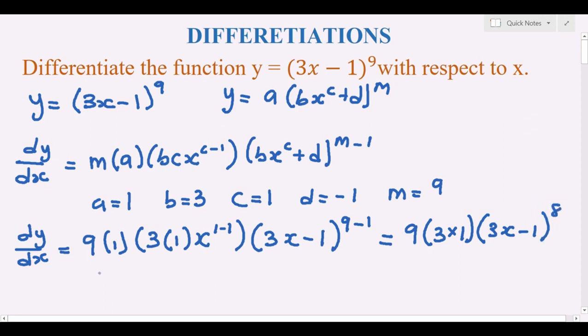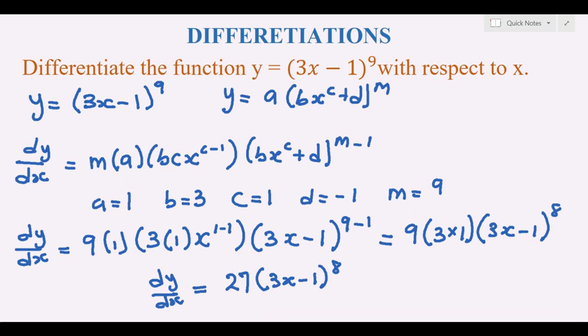So dy/dx is equal to 27 into (3x minus 1) raised to the power 8. You see, this is the same answer we got in the previous solution. Let us do another example and you'll see what I mean by composite function.